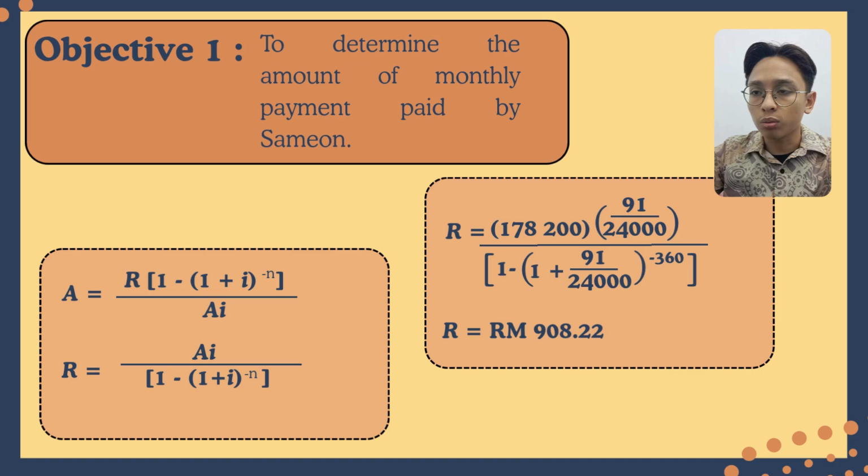The formula will be R equals A multiplied by I per bracket 1 minus bracket 1 plus I bracket power negative N. So the calculation is R equals bracket 178,200 multiplied by 91 per 24,000 divided by bracket 1 minus bracket 1 plus 91 per 24,000 bracket power of negative 360.